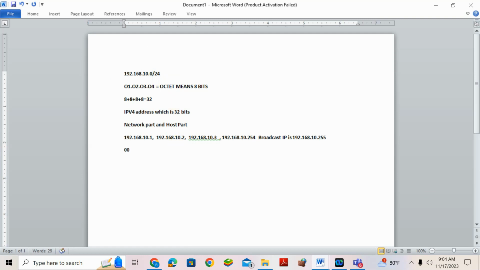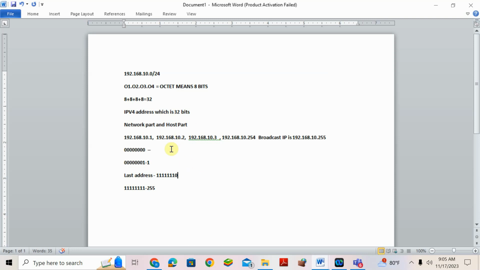The network part stays fixed, and the host bits count up. Finally, all the 8 bits will become 1. This will be the broadcast address, which we cannot use for any computer. It is used for sending data, or a packet, to all the computers. And the last usable address will be 254.